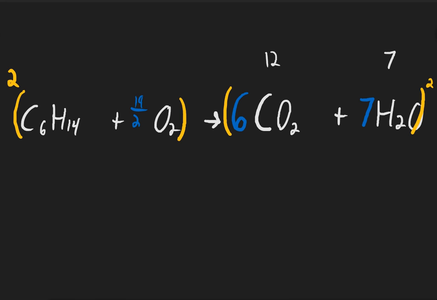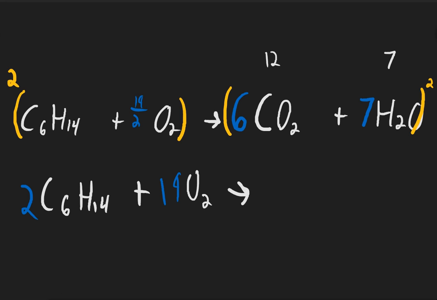So that means that we will have 2 molecules of hexane plus 2 times 19 over 2 is just 19 molecules of oxygen. 2 times 6 is 12 molecules of carbon dioxide, plus 7 times 2 is 14.